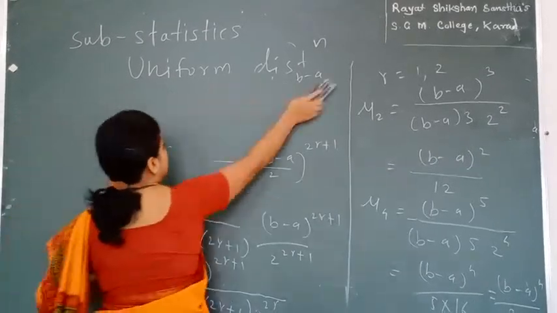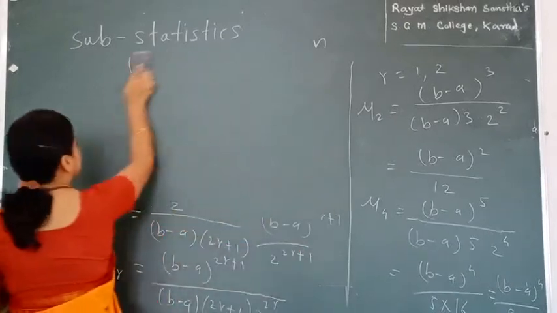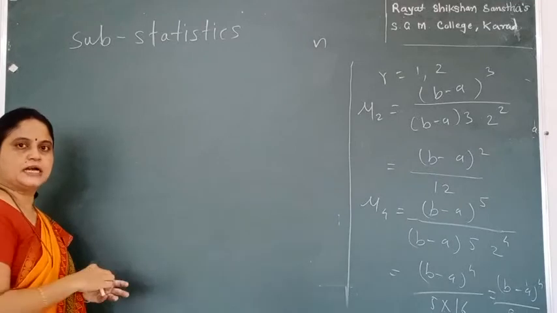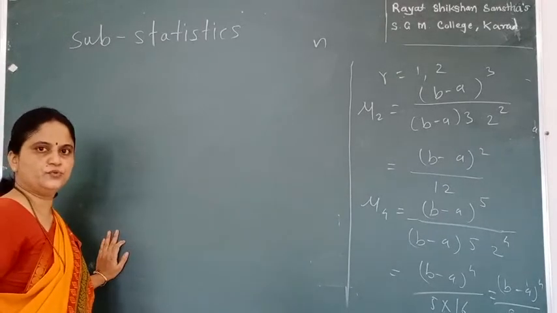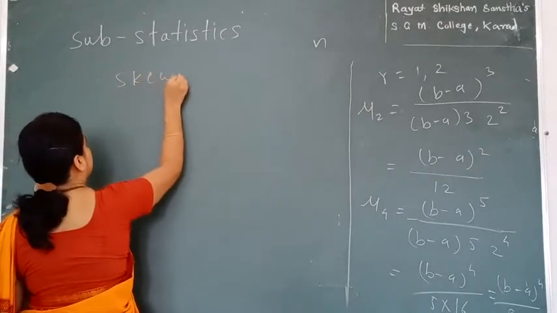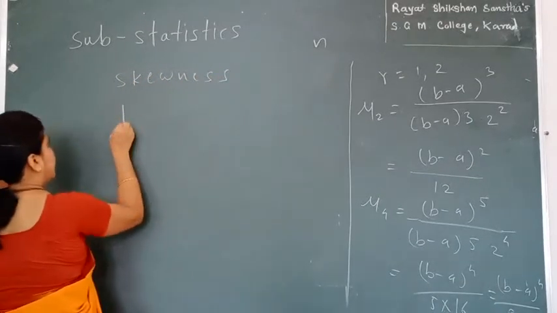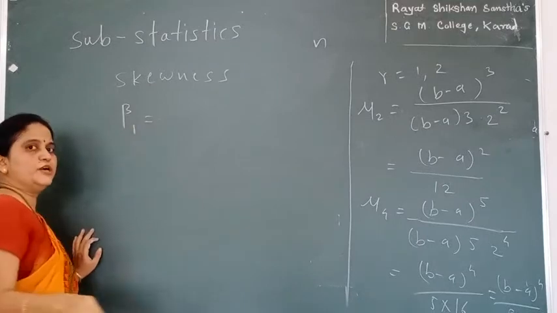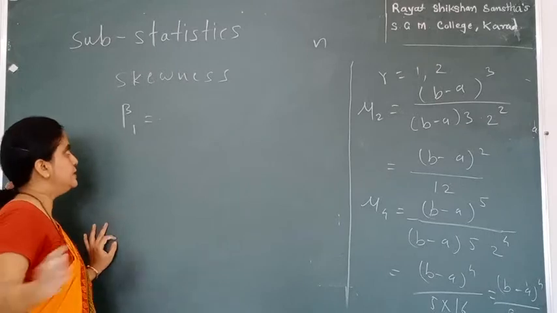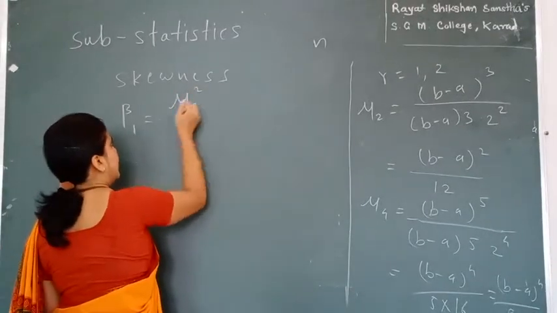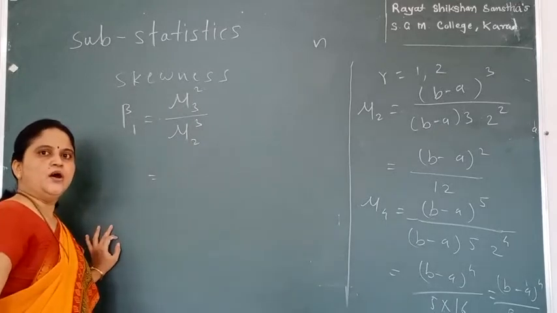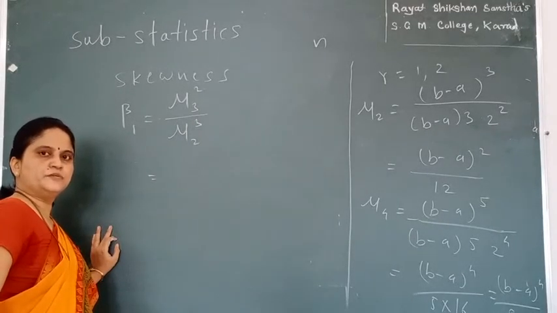So measures of skewness can be found by using moments, that is Karl Pearson's measures of skewness. The formula for beta 1, you know the formula for beta 1, what it is? It is mu 3 square divided by mu 2 cube. But we know that all odd order central moments become 0.